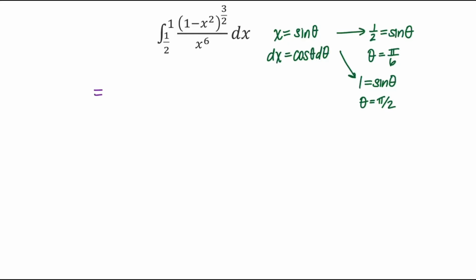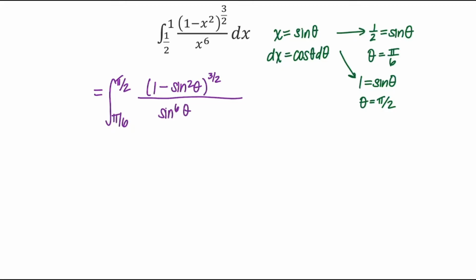Let's rewrite our definite integral as the integral from pi over 6 to pi over 2. In the numerator, I'm going to have 1 minus x squared. X was sine theta, so sine squared theta to the 3/2. And then x to the 6th will become sine to the 6th theta.